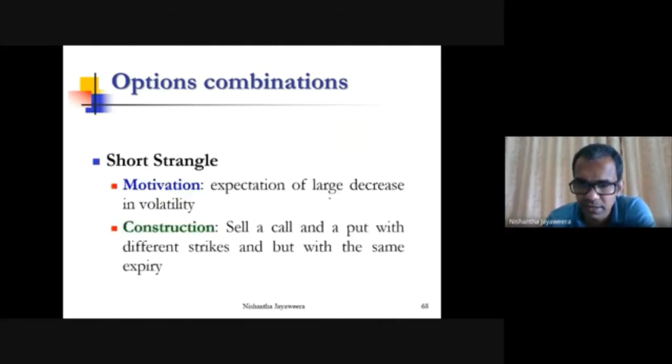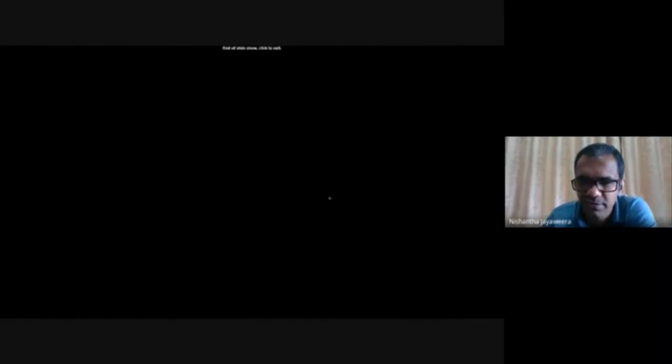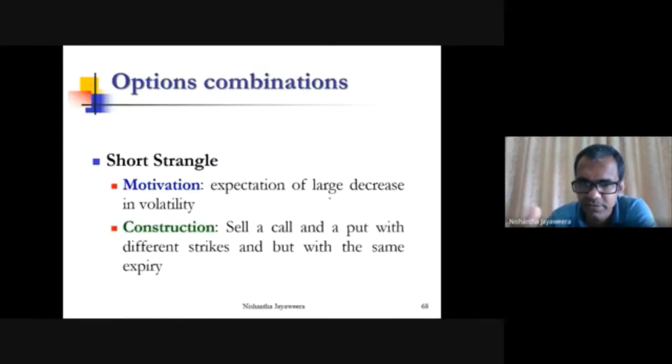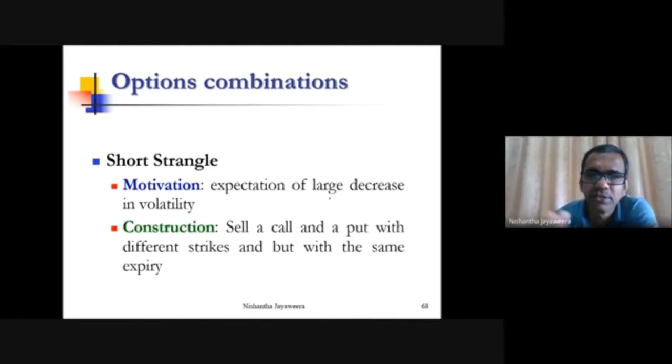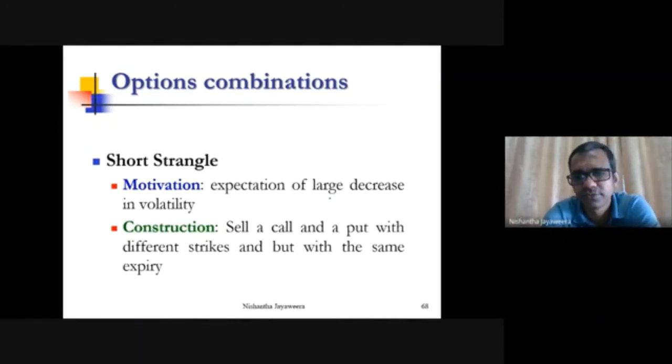I went through this relatively quickly because I explained the first one, the straddle. The same concept is used in the strangle as well. The only difference is two different strike prices, and you know what it means to have a long put and a long call.